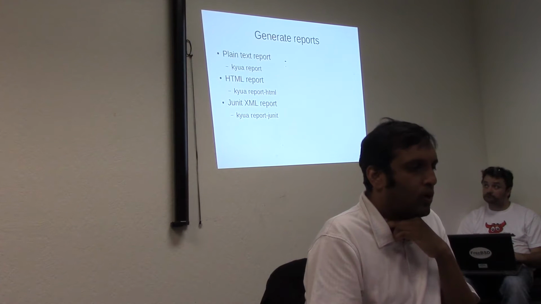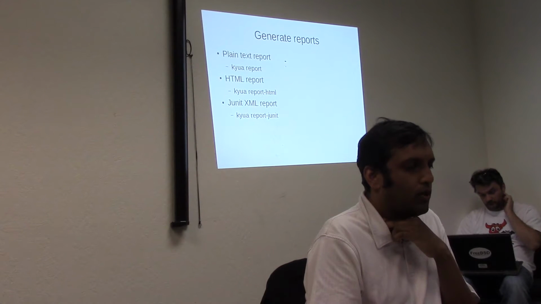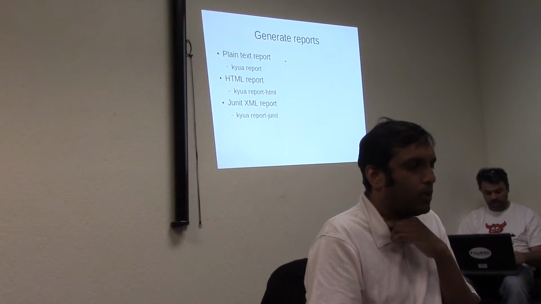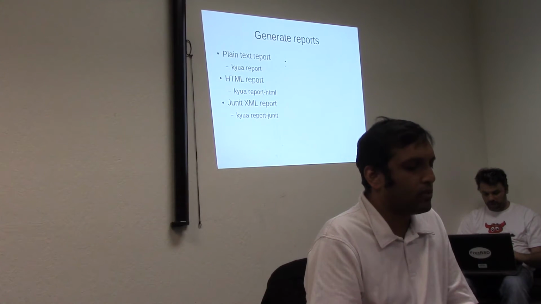And then once you're done, you can generate reports. You could type kyua report to generate a plain report, kyua report-html to generate an HTML report, and kyua report-junit to write out a JUnit XML report.